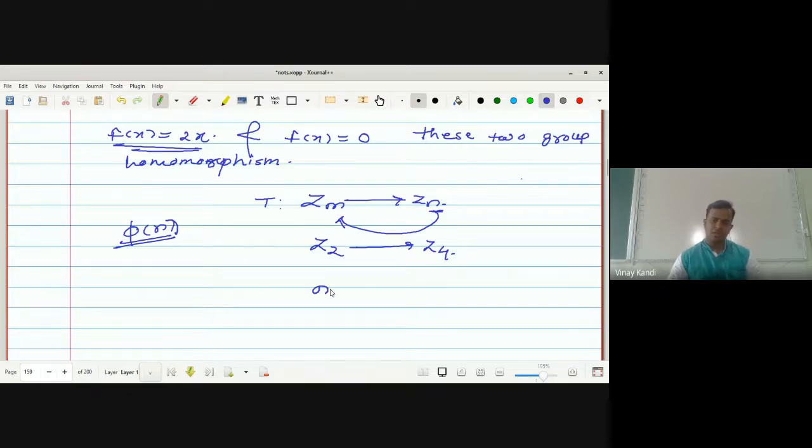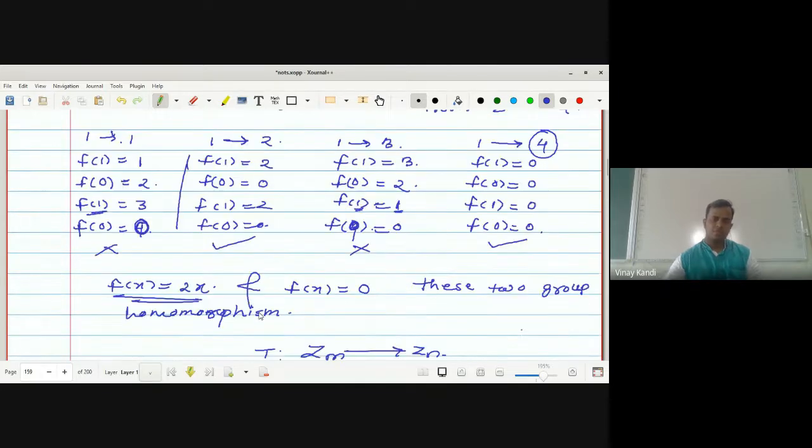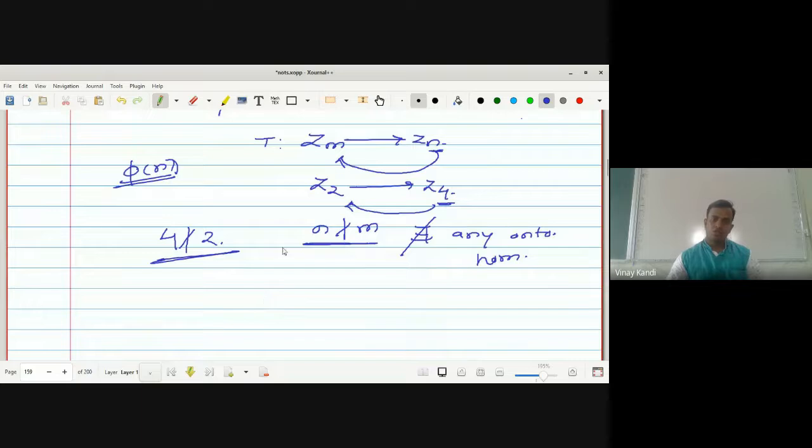If n does not divide m, then there does not exist any onto homomorphism. Whether 4 divides 2 or not. Does 4 divide 2? Does not divide. Hence, there does not exist any onto homomorphism.